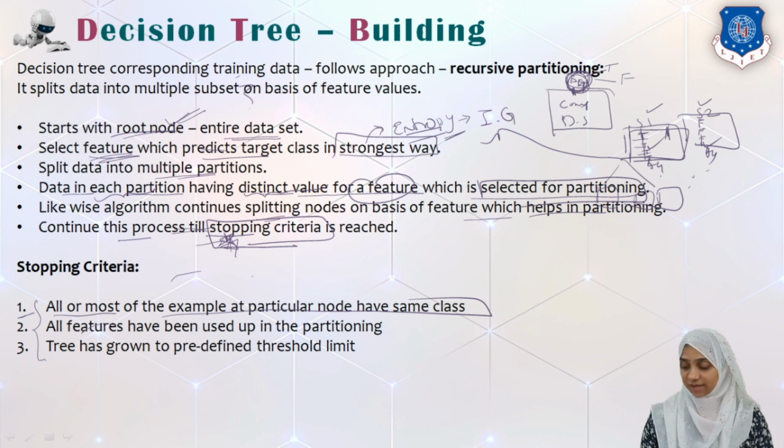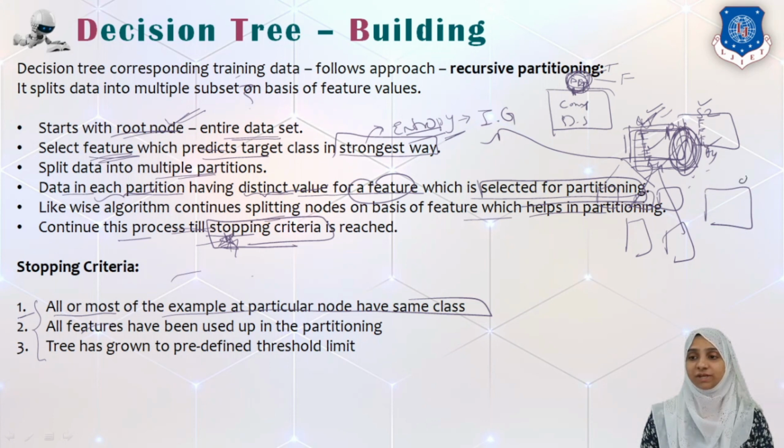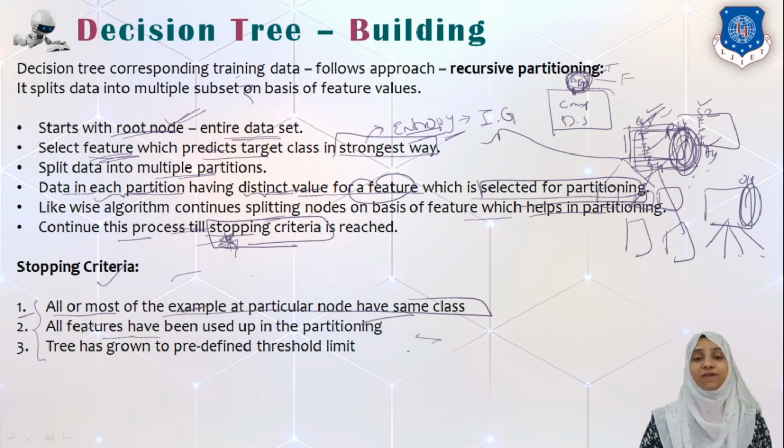When we have a particular set in which all outputs belong to the same class, there is no meaning in making a partition, because we know that the output is the same for this subset. So whenever for any partition the output variable has the same value, we cannot further divide that partition into more than one partition. Second, when all features have been used in partitioning.